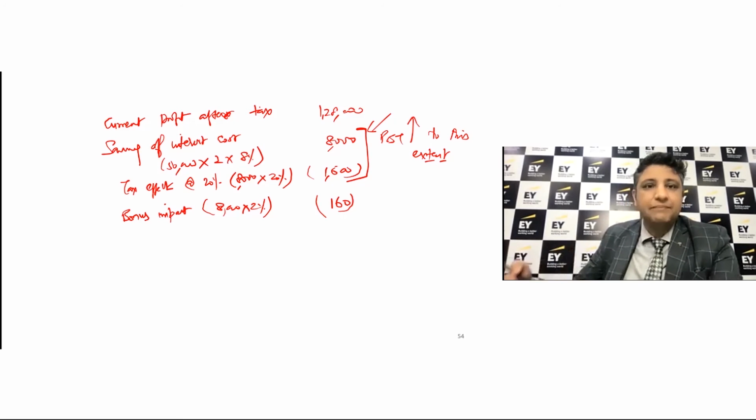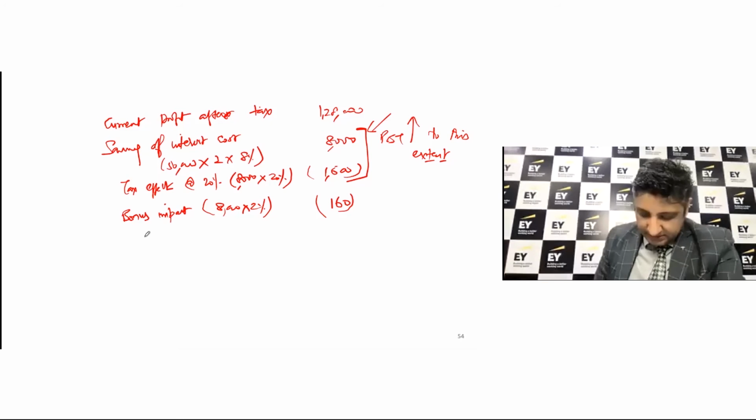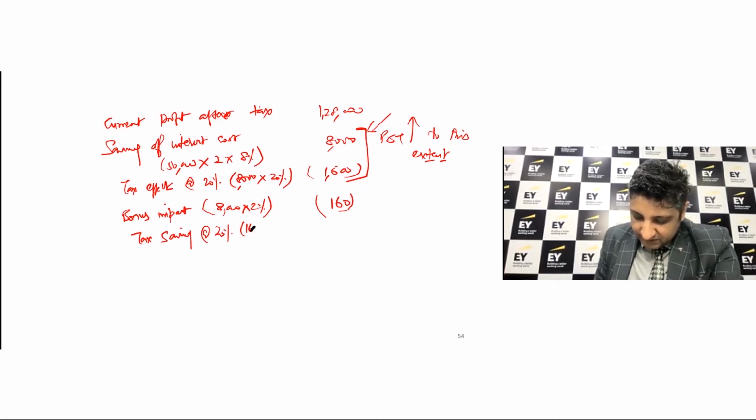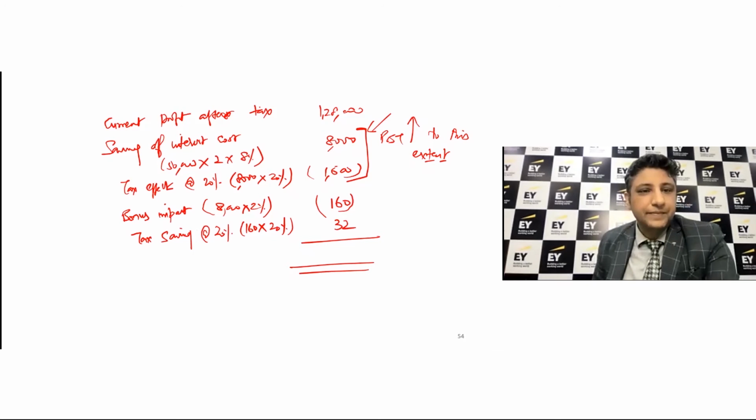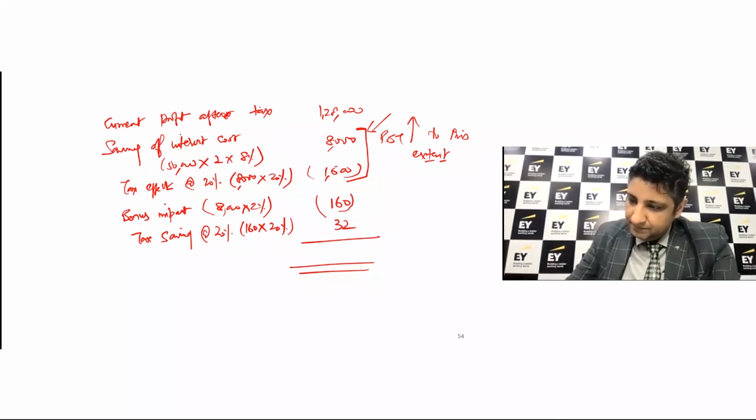So you would land up paying more, so it has to be a negative figure. But on that bonus, you would again have a tax saving at the rate of 20%, which is 160 into 20%, which makes it 32. So let's do that calculation quickly: 1,28,000 plus 6,400 plus 32 minus 160.